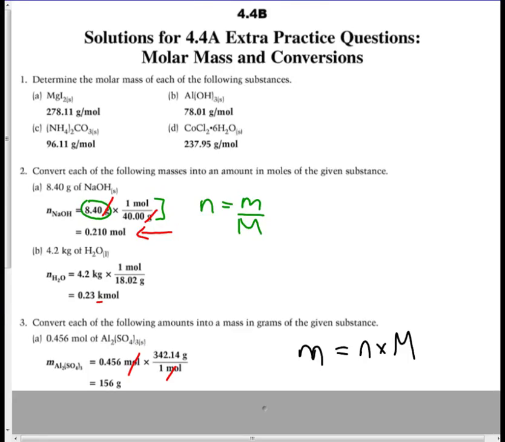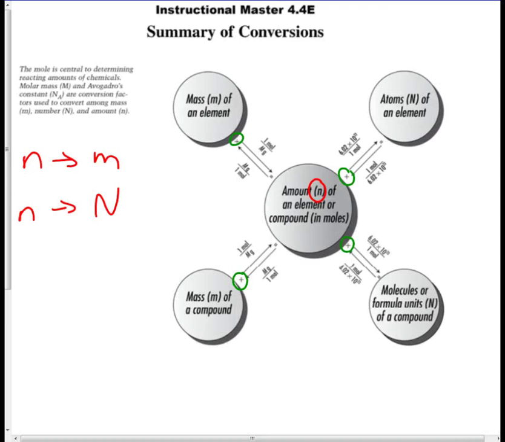So that idea of using a rate conversion, all we need to know is what ratio connects the two quantities that we're working with. Once we know that ratio, it could be that there's Avogadro number of particles per 1 mole, or it could be that there's 1 mole for every Avogadro's number of particles.